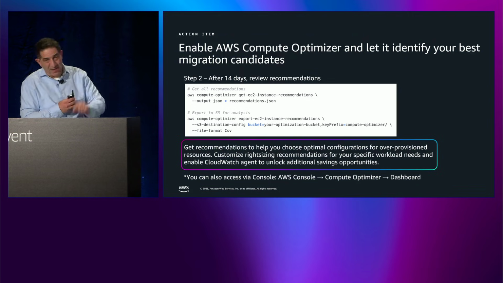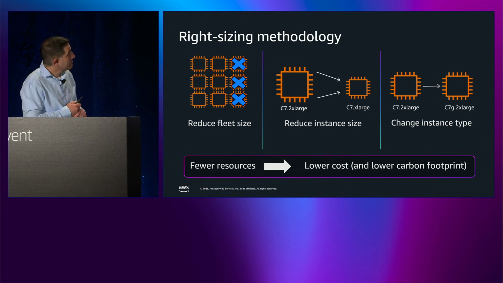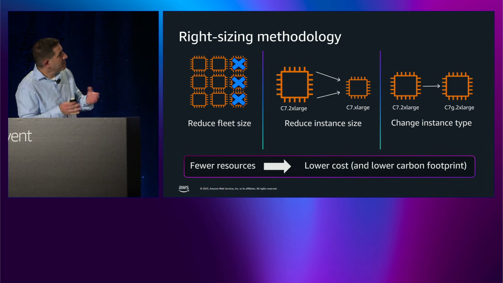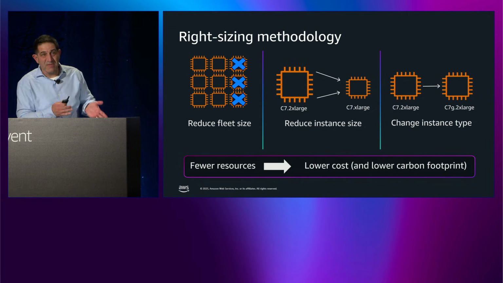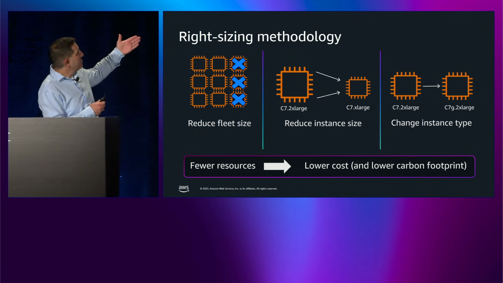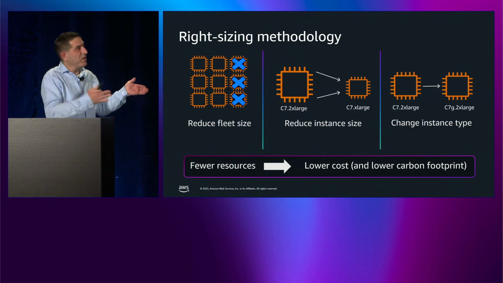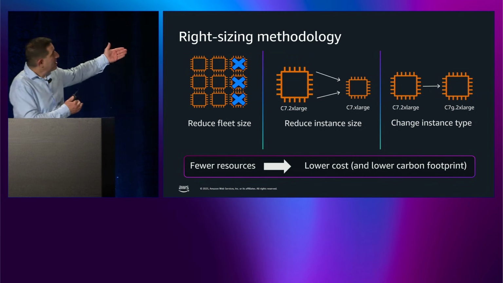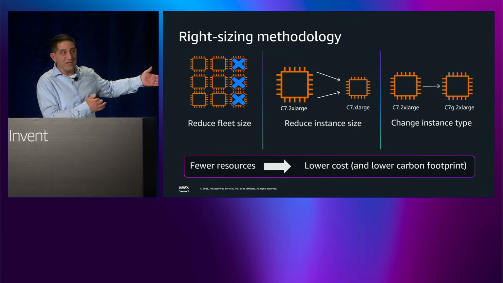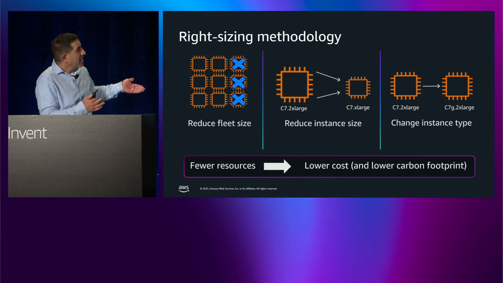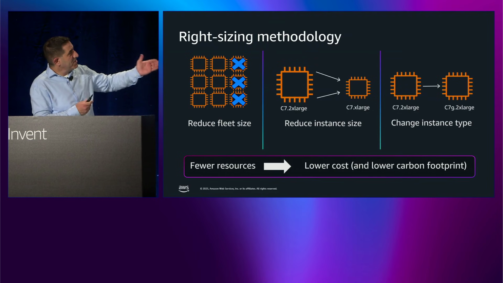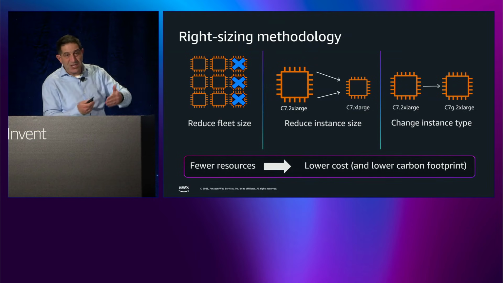Okay, so what are some different ways to right-size your environment? Well, some customers, once they've spent some time right-sizing and understanding which instance types are best for their workload, are able to reduce their overall fleet size. This is one great way to optimize. A second way is to consider either reducing your instance size or changing your instance type, right?